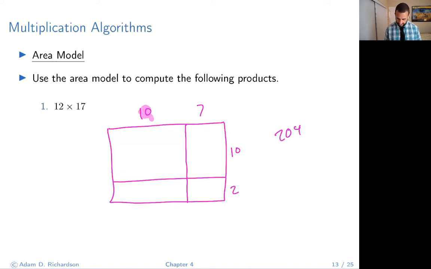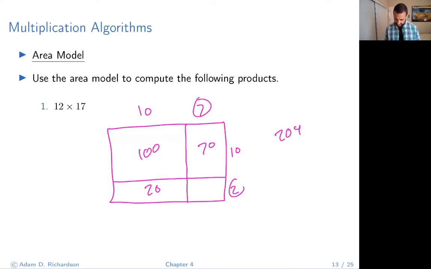Okay, what is 10 times 10? That's 100. Now what is 10 times 2? That's an easy one, 20. Don't erase that. What is 7 times 10? That's 70.